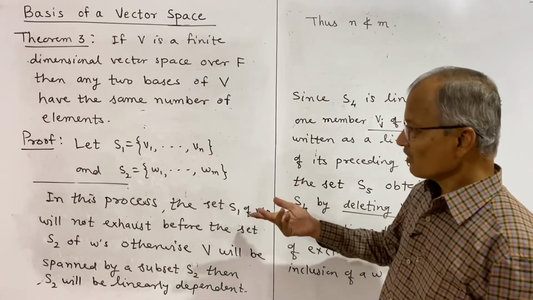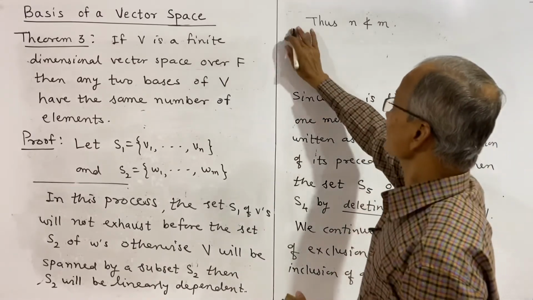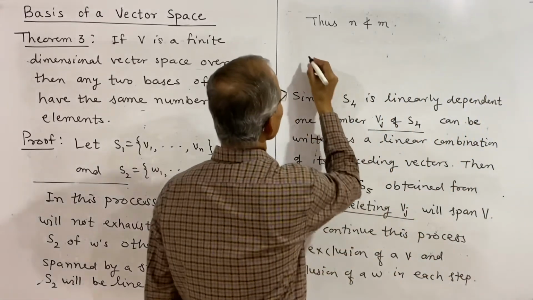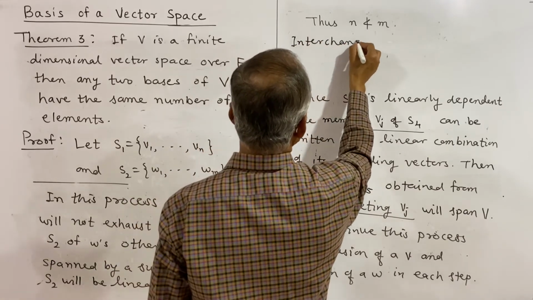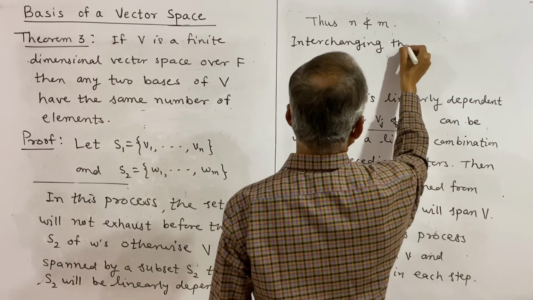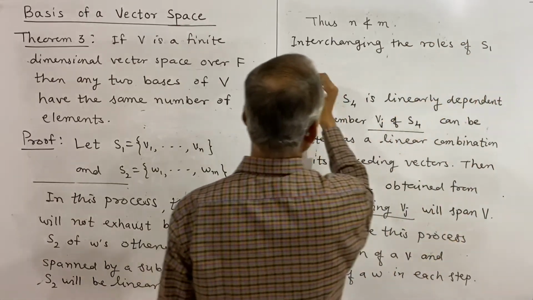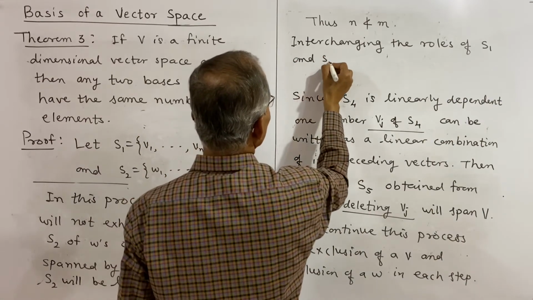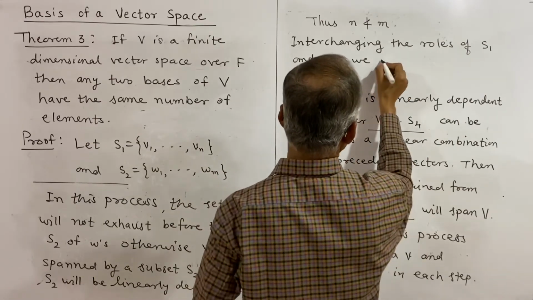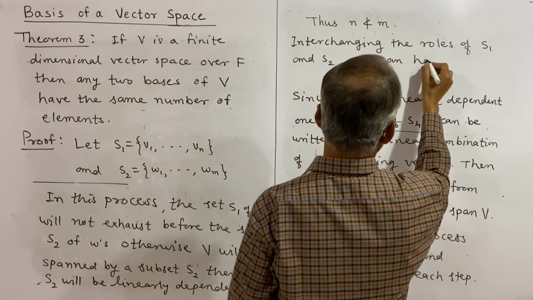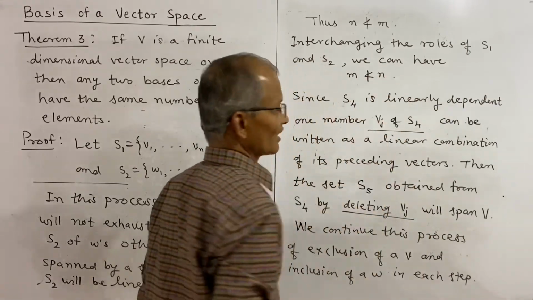And in that way we will prove that M is not less than N. So interchanging the roles of S1 and S2, we can prove that M is also not less than N.